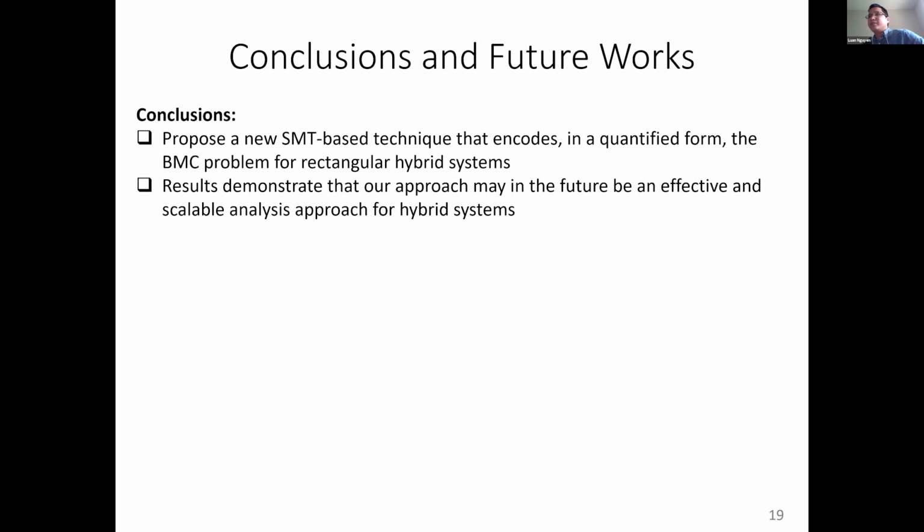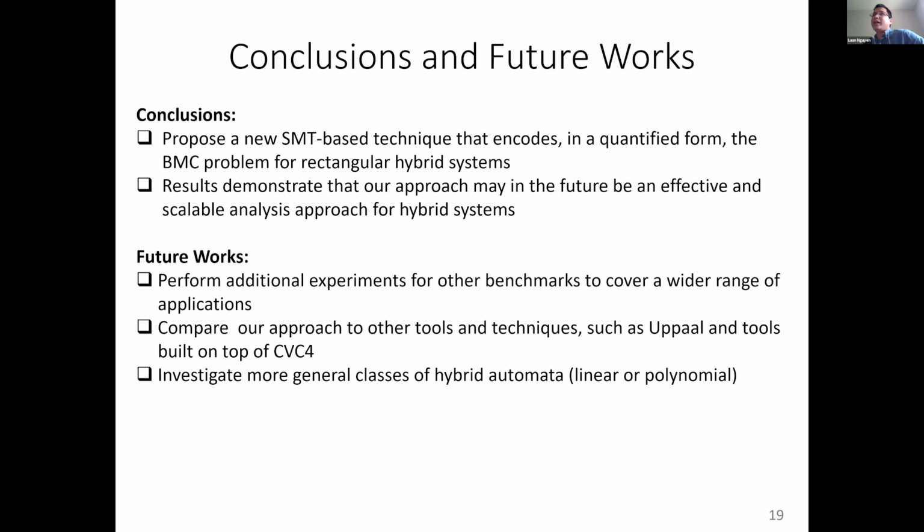And there is still a lot of optimization we need to improve for our approach, and how we can encode general classes of hybrid systems like linear polynomial is still something we need to improve for the tool. And in order to improve our approach, we also want to perform additional experiments on other benchmarks and cover a wide range of applications.